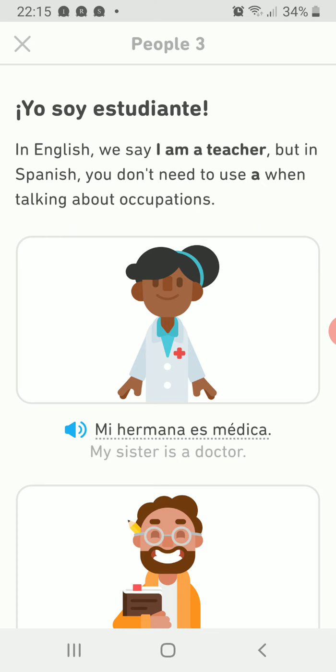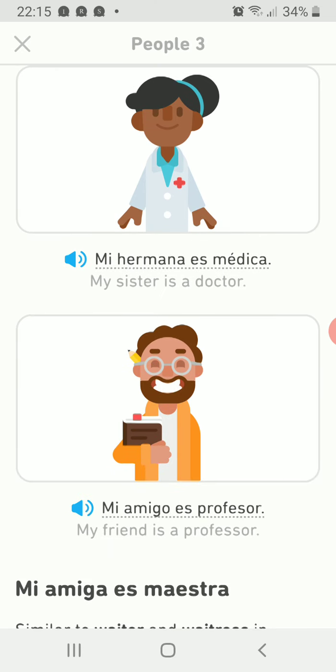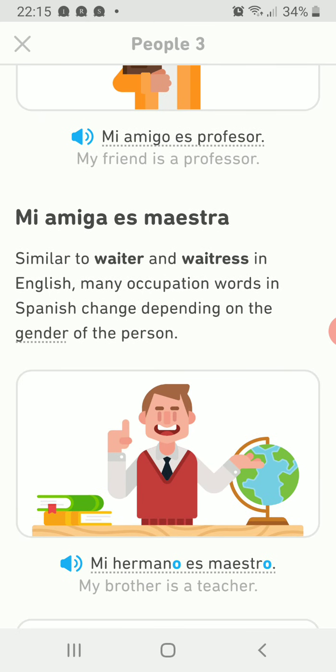For example, mi hermana es médica, mi amiga es profesora. So we don't use any indefinite article. Mi amiga es maestra. Similar to waiter and waitress, camarero, camarera. Many occupation words in Spanish change depending on the gender.